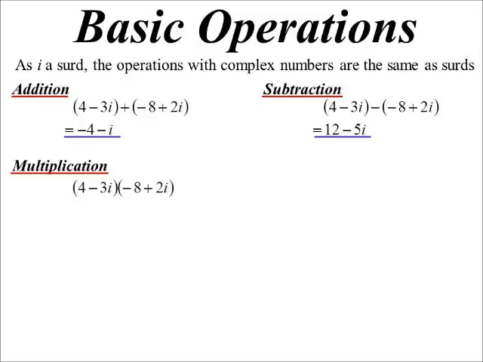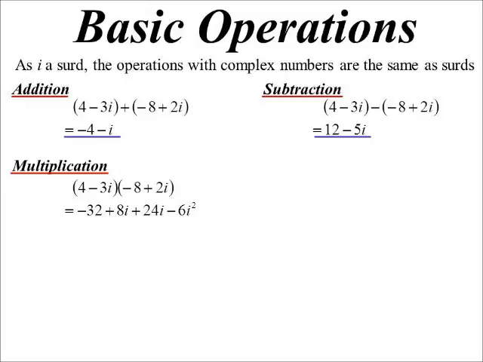Multiplication becomes like a binomial expansion. So first, outside, inside, last. But this is where it becomes a little bit different, because every time we see i squared, the number has now become real, because i squared is equal to -1. So we don't leave it as minus 6i squared.